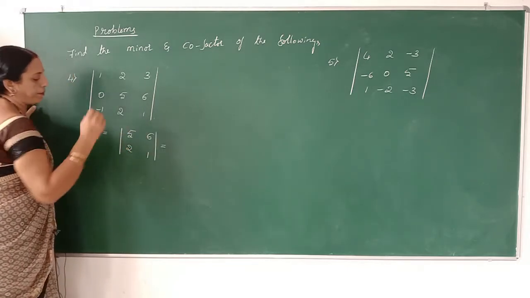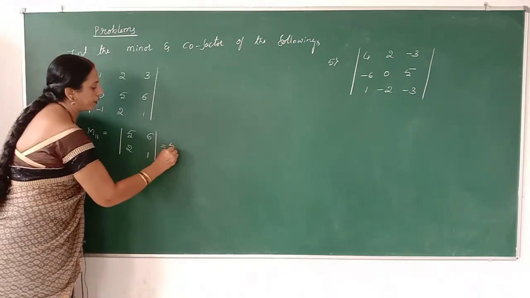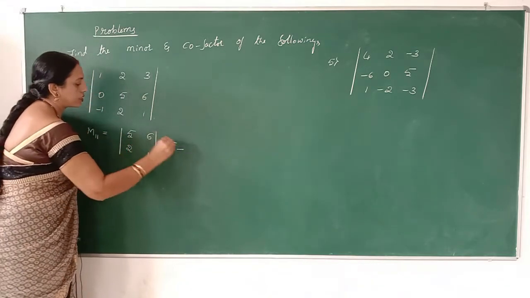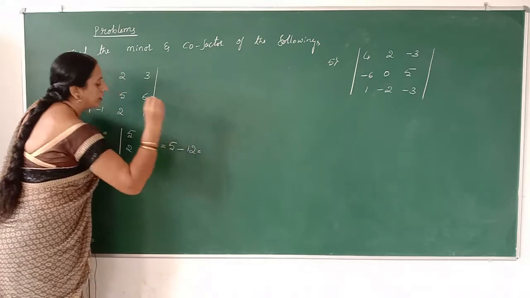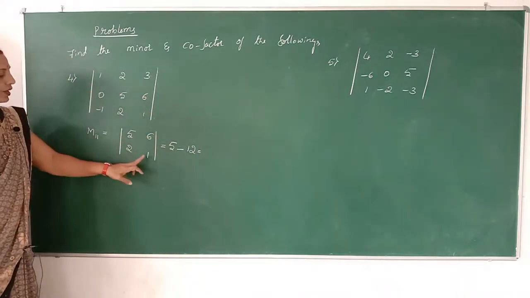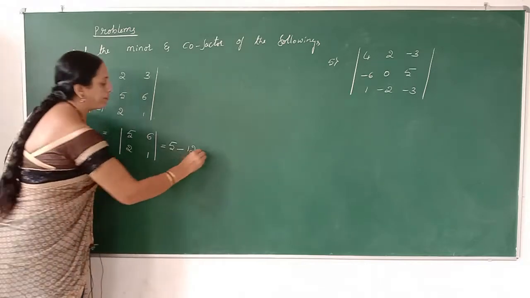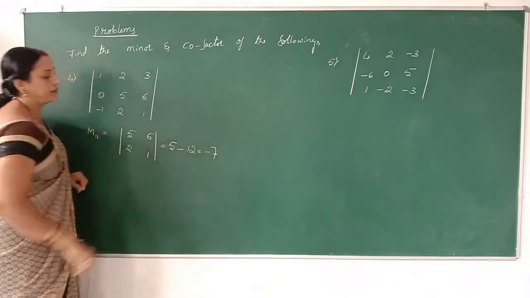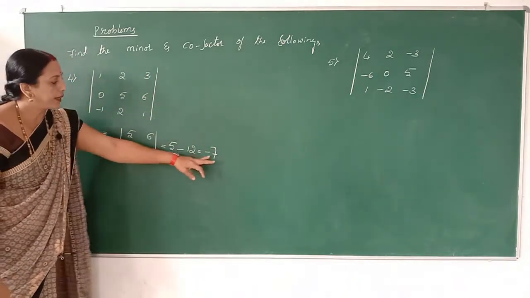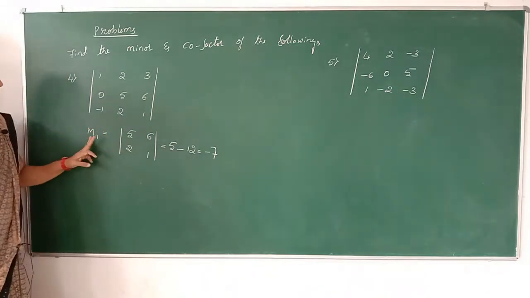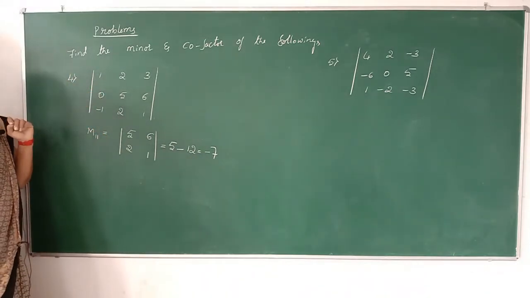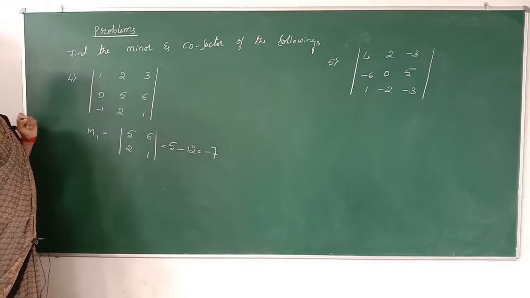After that we simplify: 5 into 1 is 5 minus 6 into 2 is 12. So, product of left diagonal minus right diagonal, which is nothing but minus 7. Therefore, minus 7 is the minor of the first row, first column element.